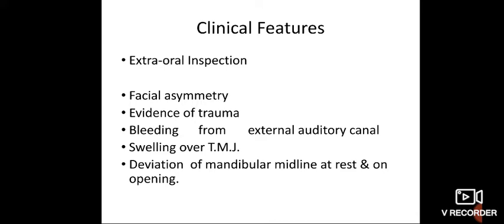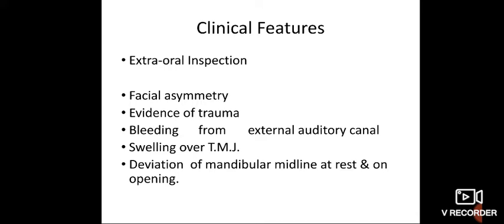Facial asymmetry is the first thing on inspection. Second, evidence of trauma, whether because of direct or indirect contact or non-contact, whatever it might be, you need to see evidence of trauma over the chin or the lower border of the mandible or any other facial lacerations. Bleeding from the external acoustic meatus or external auditory canal.